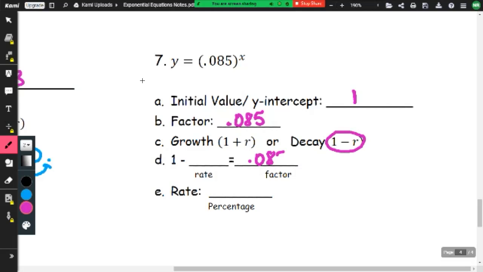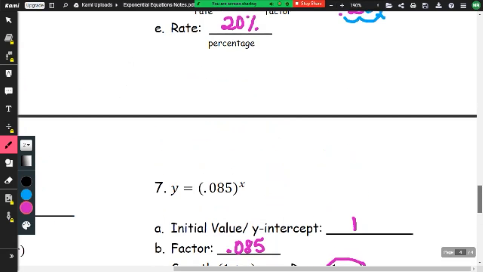0.085. All right. Once we get into decay, once we start subtracting, this is where the math really comes in, because sometimes it's not always easy to do this kind of stuff in your head to try to figure out, well, what do I add to 0.085 to get to 1? No. When that happens, let's say, for example, test grades.